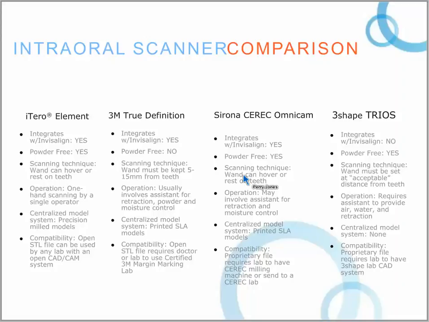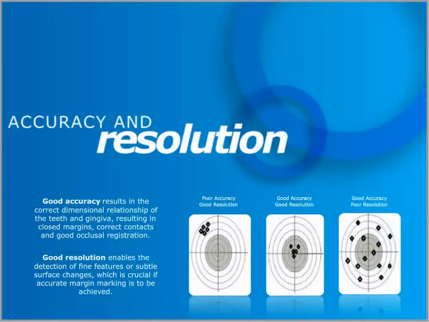And in the case of the Trios, you must have a certain acceptable distance to hover. I'm making the point that these systems are different, and simply saying a scanner is a scanner is a scanner is not the case. When you get out, things may be different. When you guys graduate from school, it may be different, but right now, these are just some things to think about.